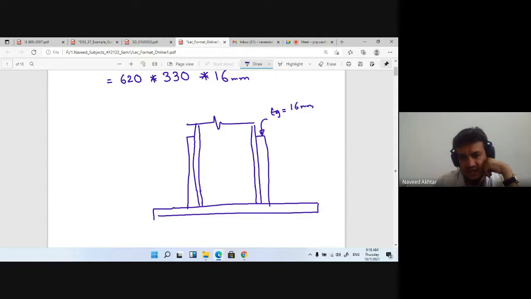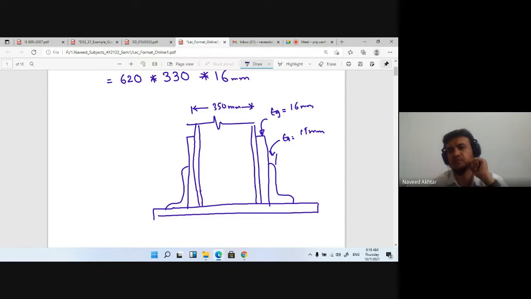Then the unequal angle section we are providing at both sides, and the thickness of this angle is TA, which is 15 mm, and the depth of your column is 350 mm.